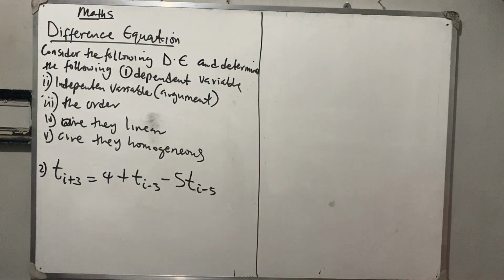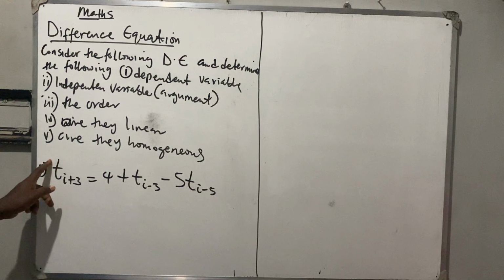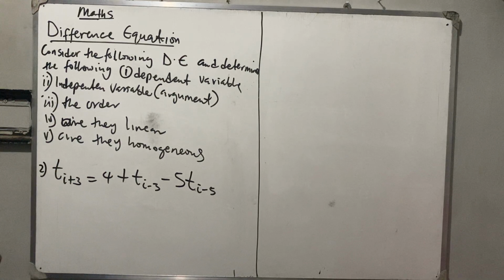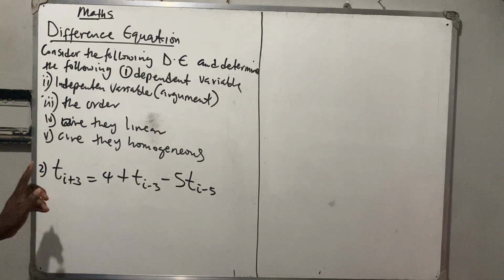Now look at this. First of all, they say we should get the dependent variable. I told you that the dependent variable is always the big one. So in this case, t is the dependent variable. The independent variable is always the subscript. So i is my independent variable.